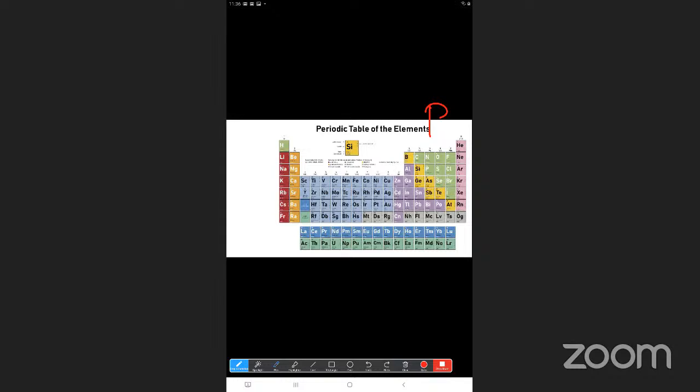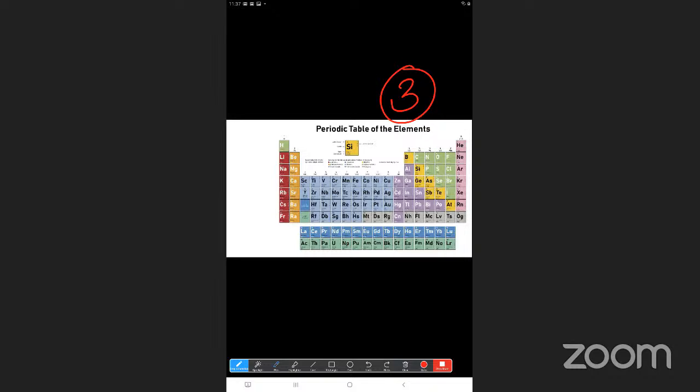The third A group elements start from boron, aluminium, gallium, indium, thallium, and nihonium. The valency of these elements is 3. There is no special name for these elements; we can call it the boron family. So the valency of these elements is 3 only.